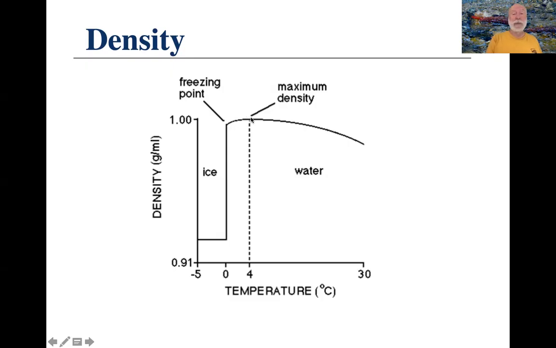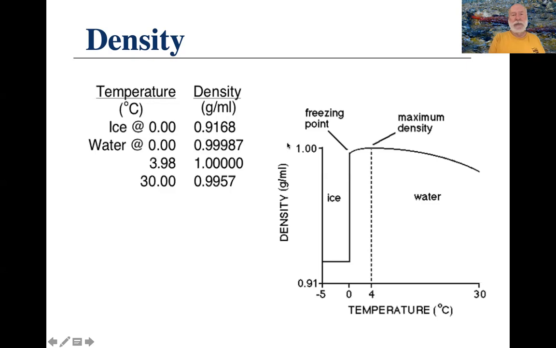Or at least the original definition of a gram, related to the mass of 1 cubic centimeter of water at its maximum density. Then as the temperature is raised beyond 4 degrees Celsius, we see a progressive decrease in the density of that water. Here are some specific figures.